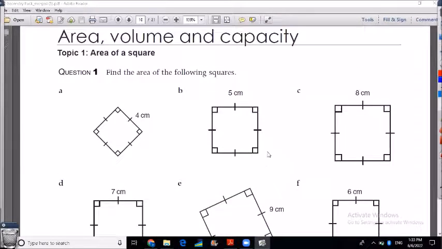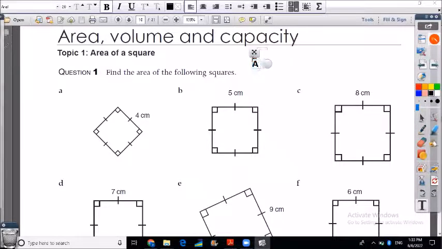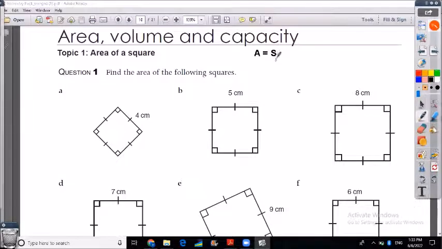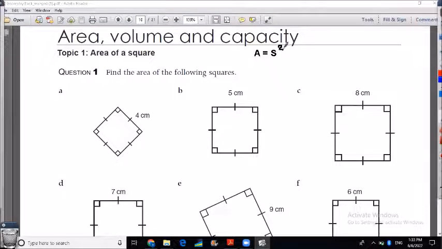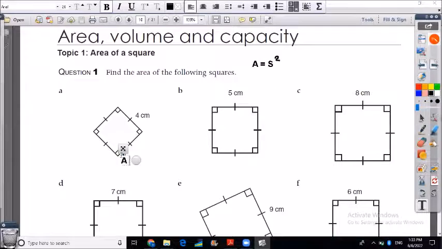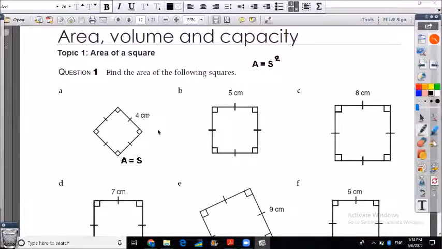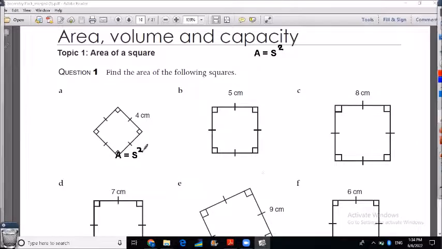All right. Now I want to remind you of the area of a square. What's the area of a square? Area of a square equals s to the power of 2, or s squared. What's s? It's the length of one side. So for example, if I wanted the area of this square, one side is 4, it's 4 squared, which is 16. So we write A equals s squared.